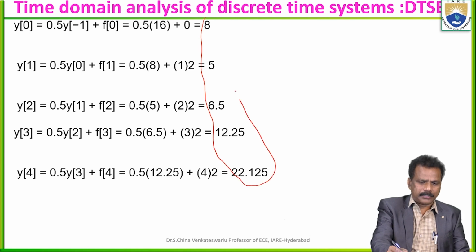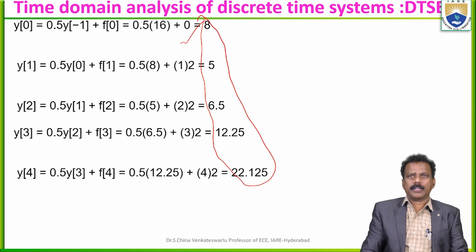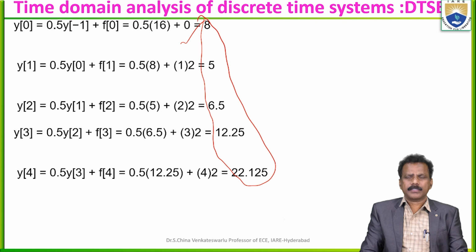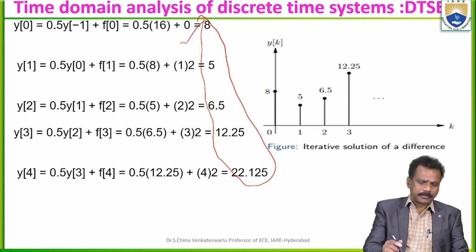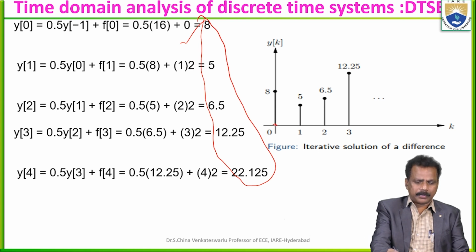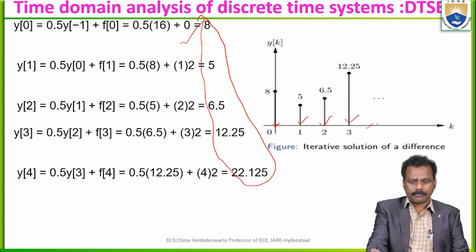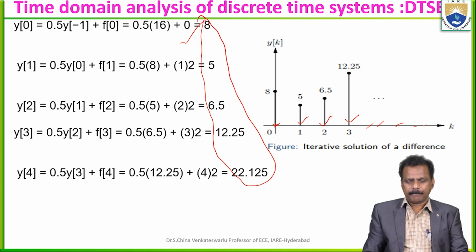We are ready to verify these numerical values. Graphically, we should identify this in terms of the time domain analysis of a discrete time system, k versus y of k. According to the iterative solution of the difference equation, k is substituted initially at the origin, k equal to 0, 1, 2, 3, 4, 5, 6, and so on.